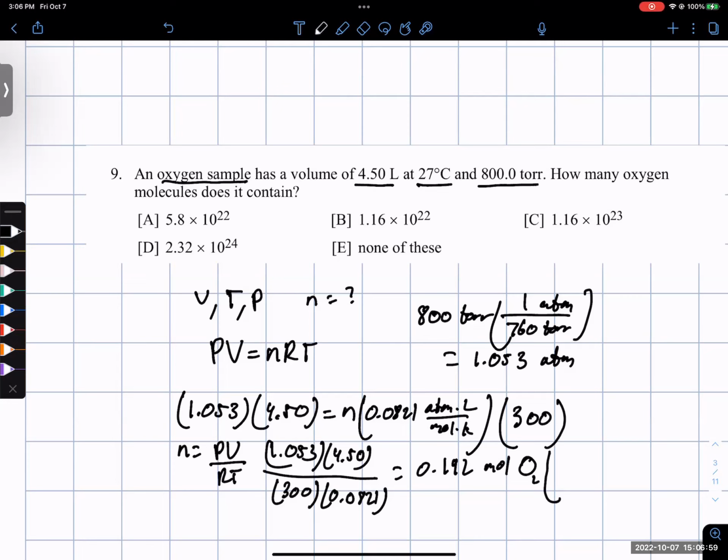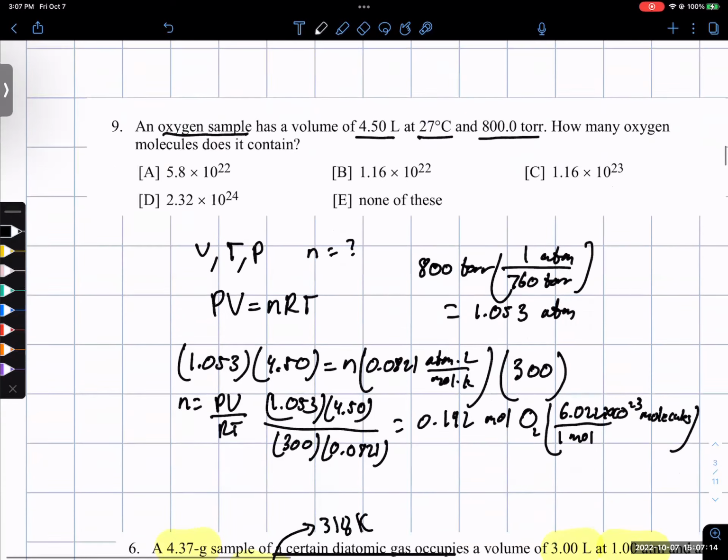Exactly. So we're trying to get to molecules. How will we do that? Avogadro's number. So 1 mole is equal to 6.022 times 10 to the 23rd molecules of O2.